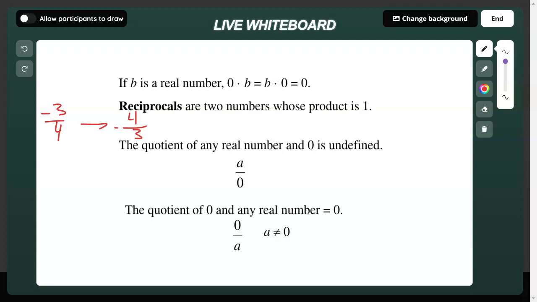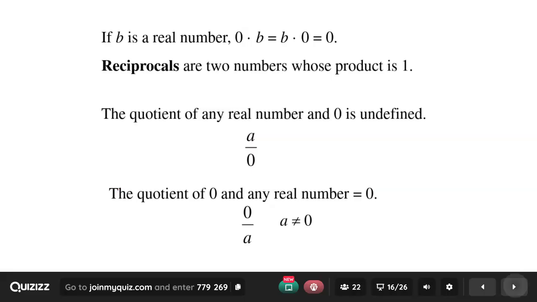Those are all equivalent fractions, as long as you have the negative somewhere in that fraction, but not on both. What's the reciprocal of 6? 1/6. 1/6 is our reciprocal. Products are always 1. Reciprocals are used when we divide fractions. It's also used in a lot of other more complicated procedures that we'll see later in the year. So those are those properties there.